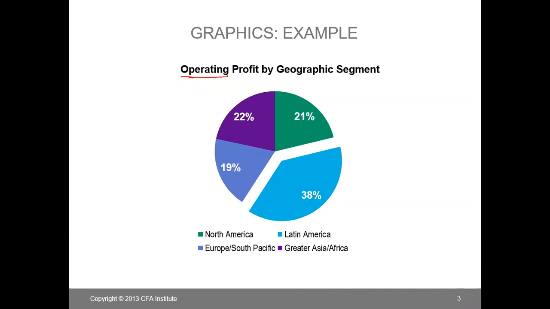This operating profit is a kind of number, not a ratio type or the relation of something. Rather, it is an absolute numerical number, and you can reflect it in the graph. So it is a simple pie chart.